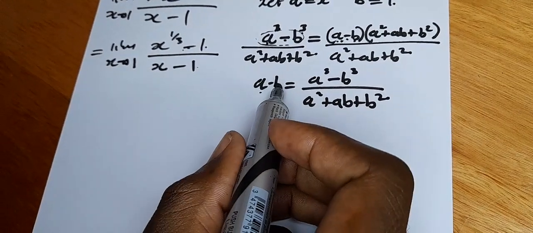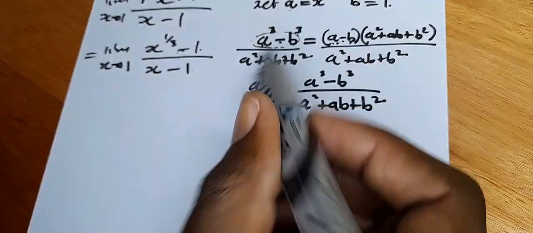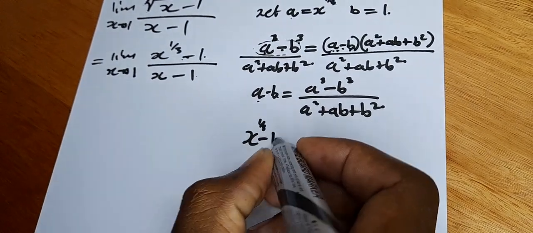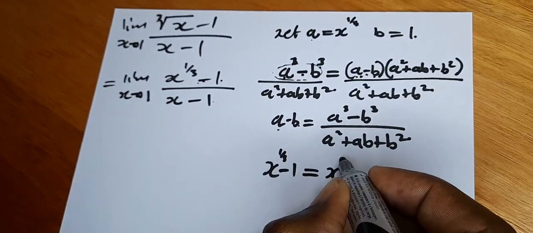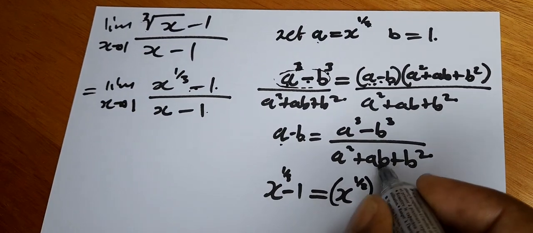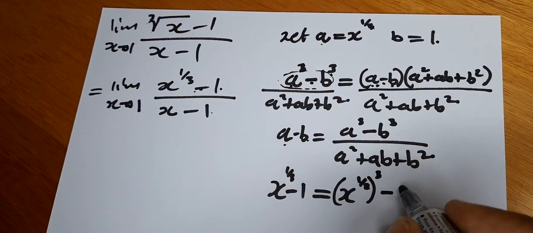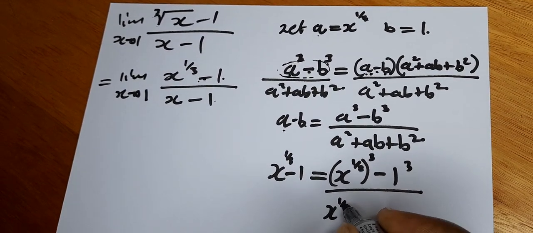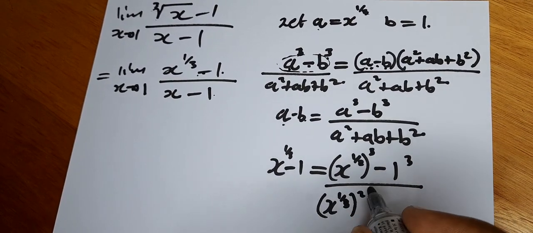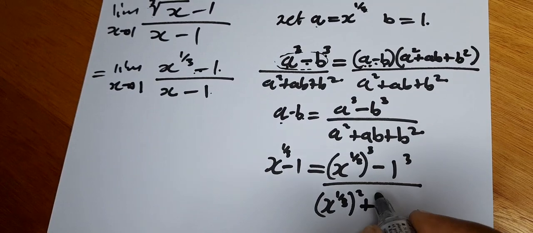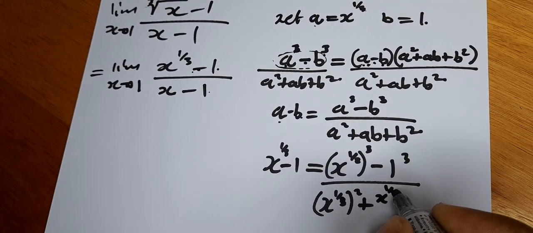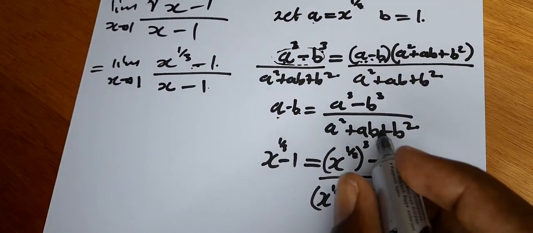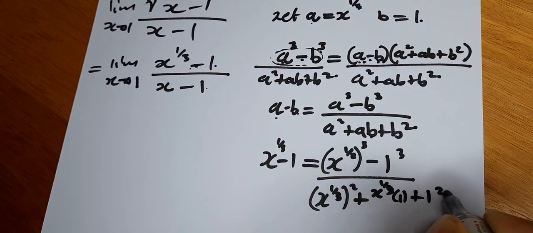Then now we can substitute our a and b. Remember our a is equal to x to the 1 over 3, minus 1, is equal to x to the 1 over 3, all cubed, minus 1 cubed, all over x to the 1 over 3 all squared, plus a, which is x to the 1 over 3, multiplied by our b, which is 1, then plus b, which is 1, all squared.